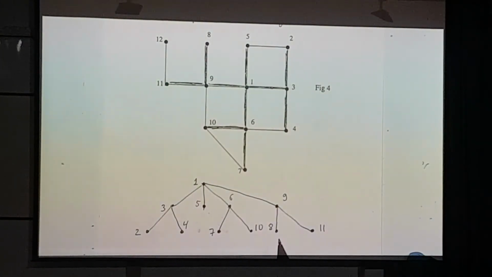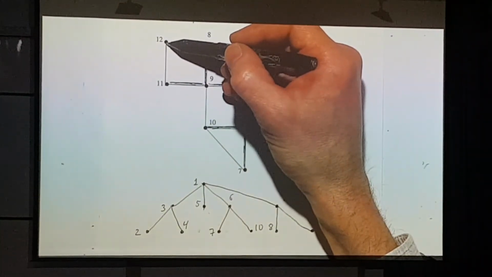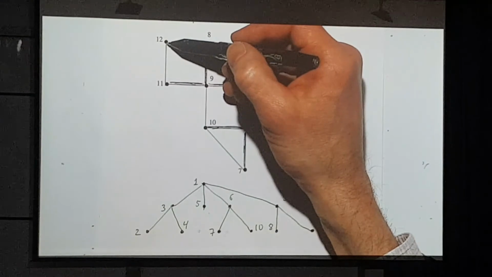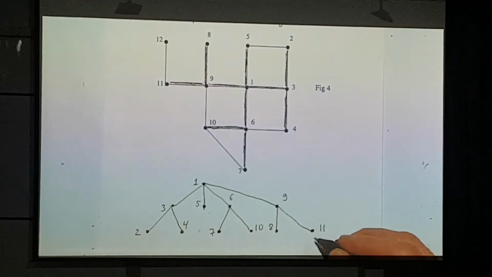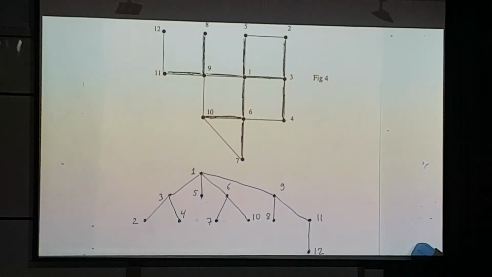Nothing. 8, nothing. So you can see, actually, just examining the graph, that 12 is the only missing vertex from the tree. So my only possibility to add a vertex is when inspecting vertex 11.